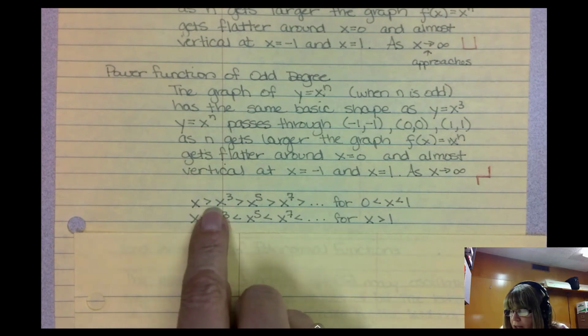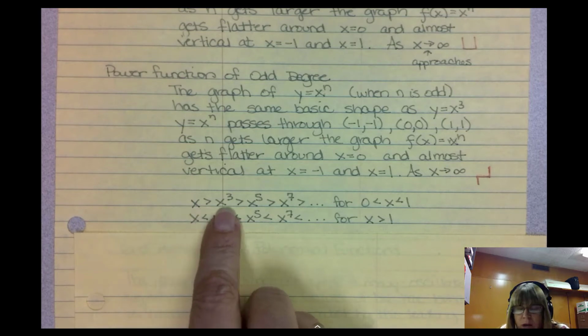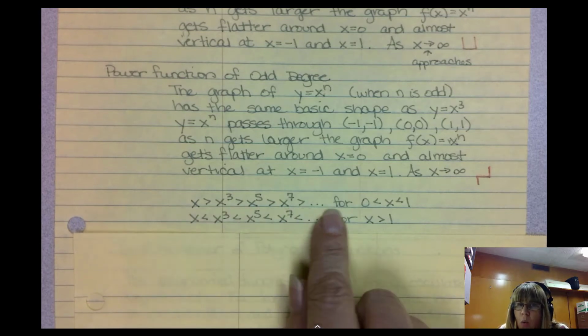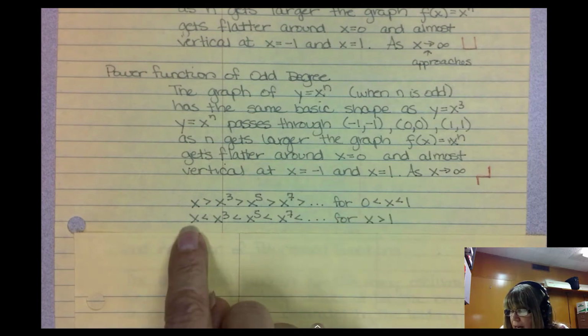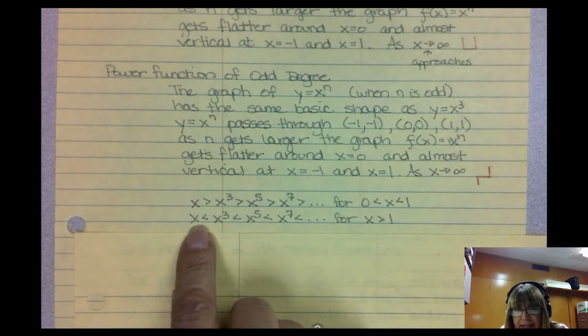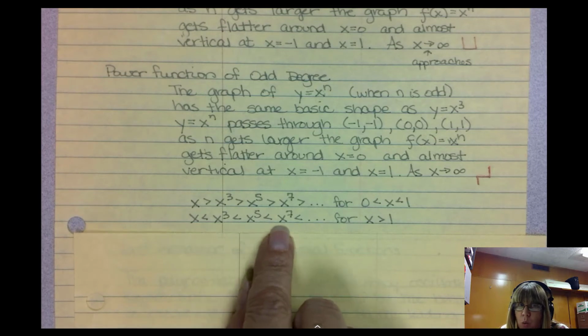x is greater than x cubed, is greater than x to the fifth, is greater than x to the seventh, and so on, when x is a fraction. When x is not a fraction, when it's greater than 1, then x is smaller than x cubed, is smaller than x to the fifth, and it grows as the power grows.